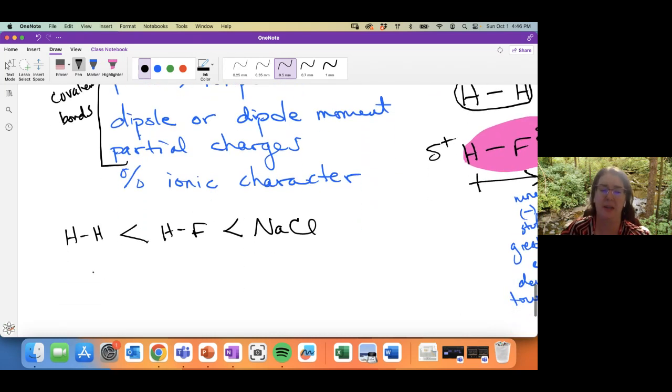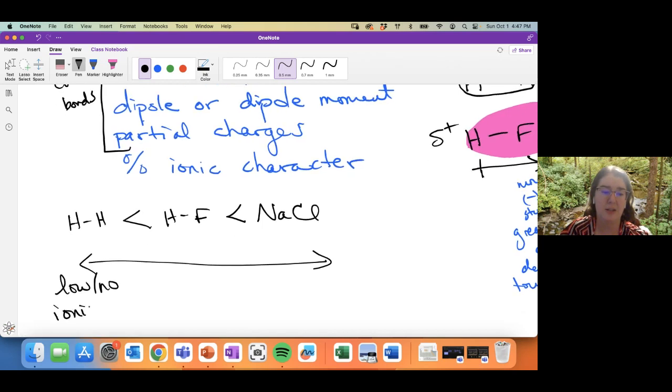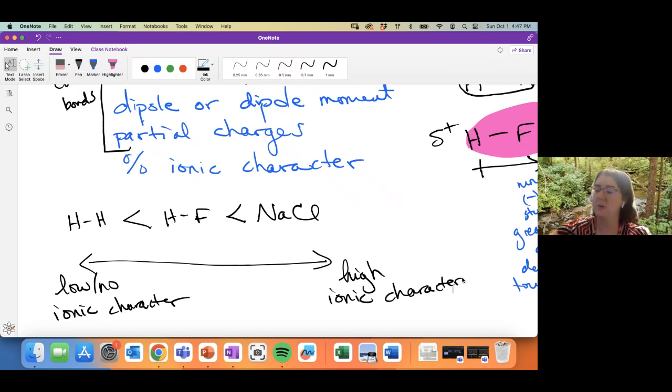And then we use percent ionic character, where essentially we have a scale and we would just say that this is low to no ionic character, and this is high ionic character. So every once in a while someone's like, but couldn't we just throw something ionic on there?